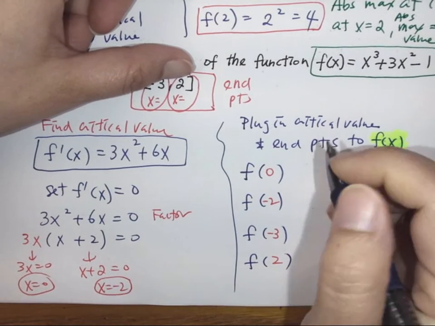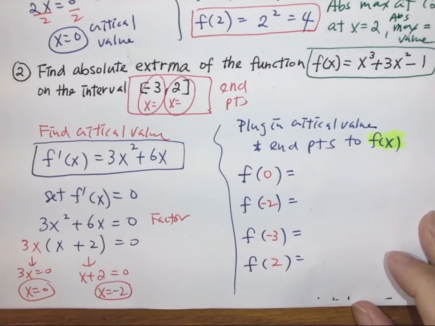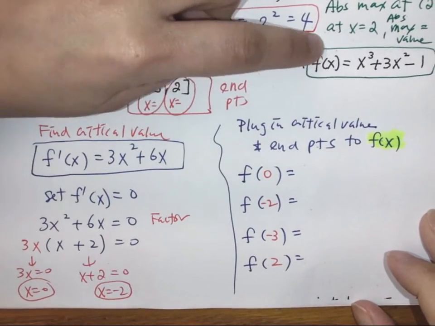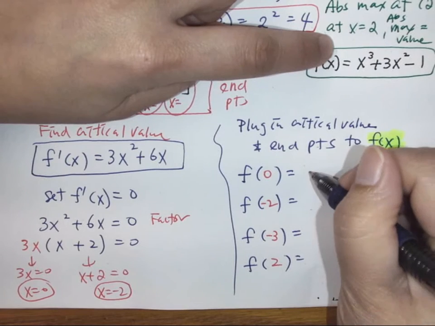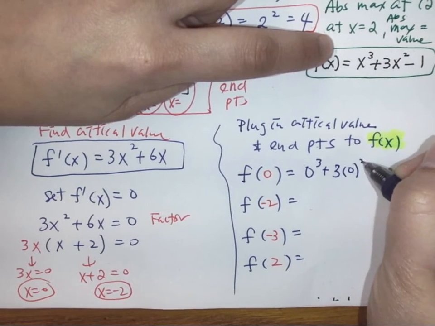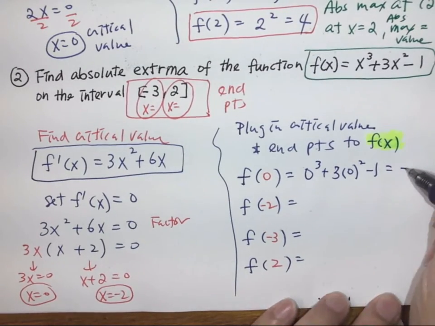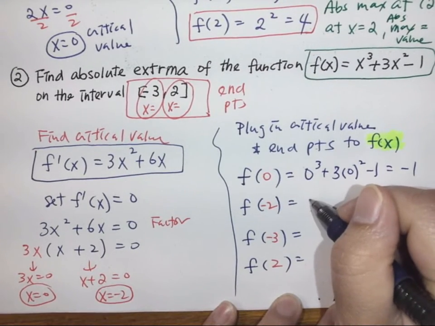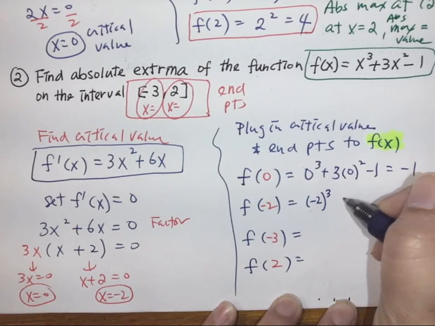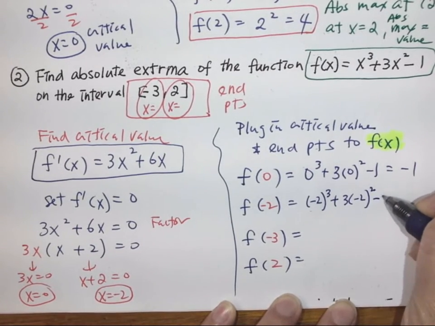So if that's the case, let's plug into the original function here. We get 0 cubed plus 3 times 0 squared minus 1. That will give me -1. And then -2 the whole thing cubed plus 3 times -2 squared minus 1.